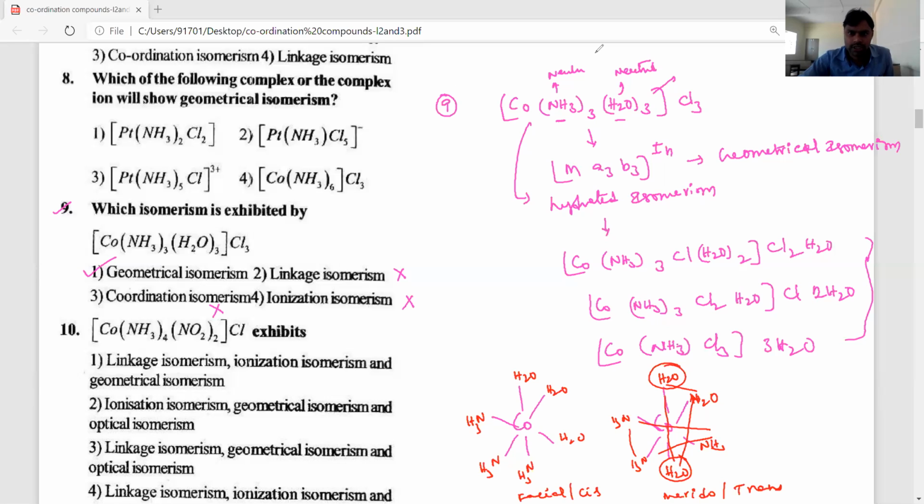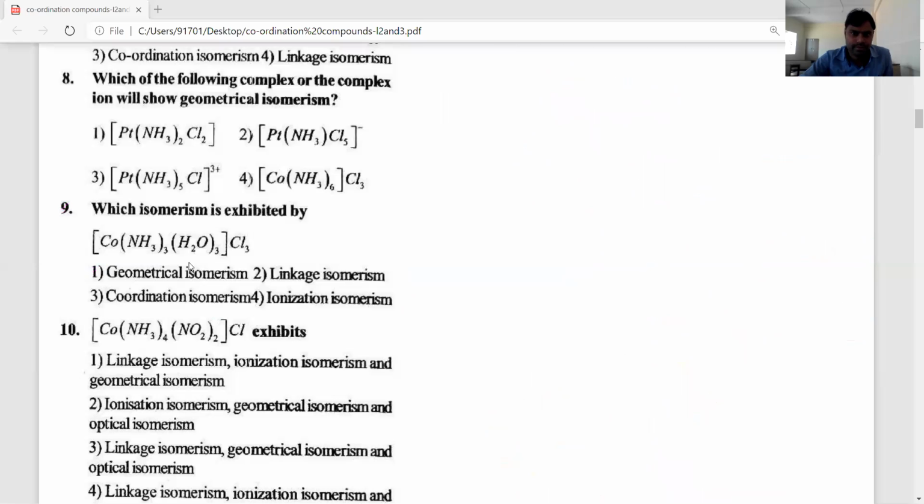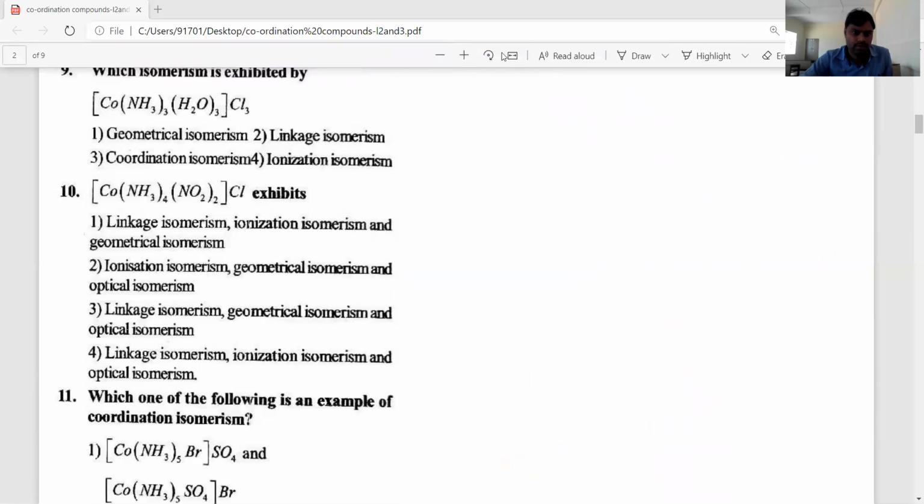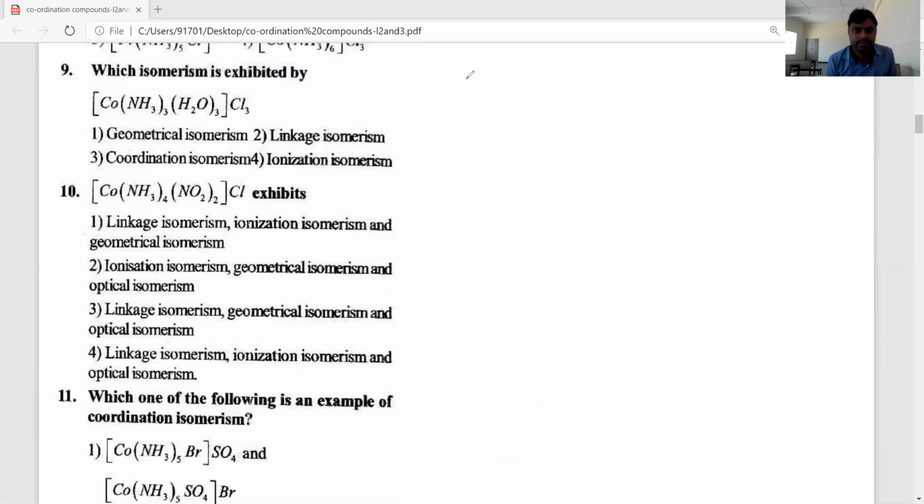Let's see the 10th question, dear students. Now let's see here. Co(NH3)4(NO2)2 Cl.